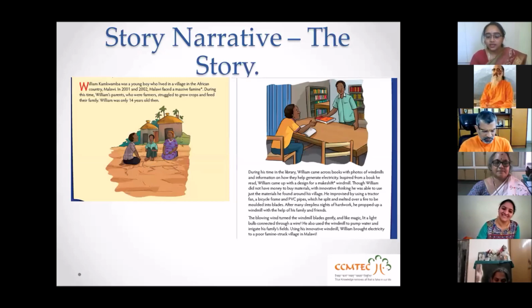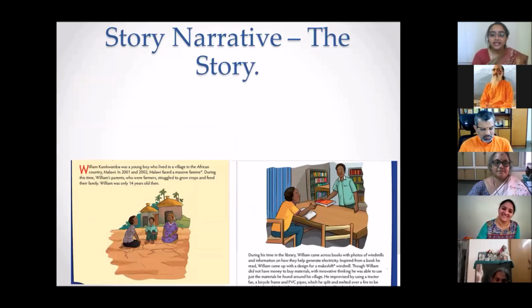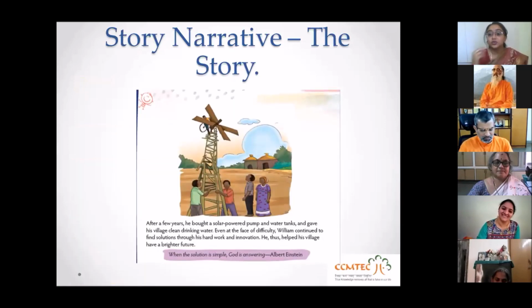There he came across books on windmills, got an idea, and generated electricity through a windmill. And how did he do that? With all the available resources in the village, right? That's how he got the solar power pump, the water tanks, and so on. He did something innovative.